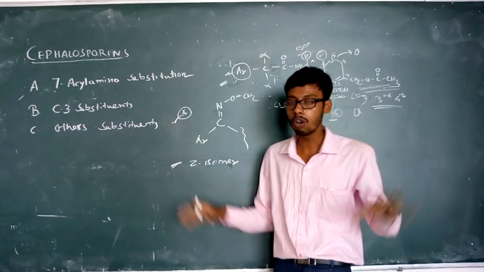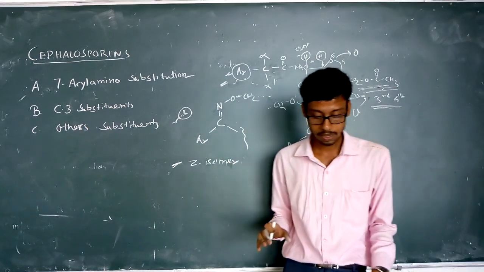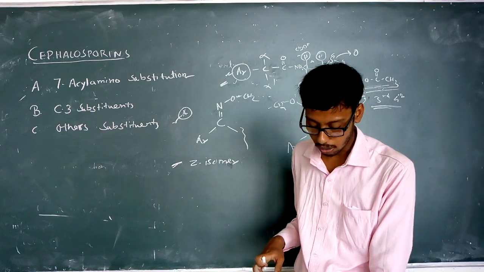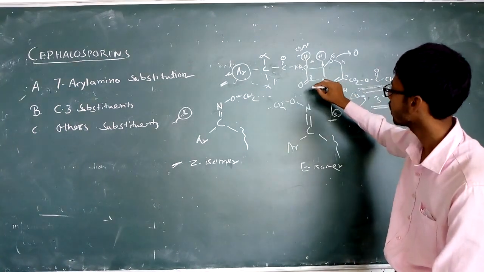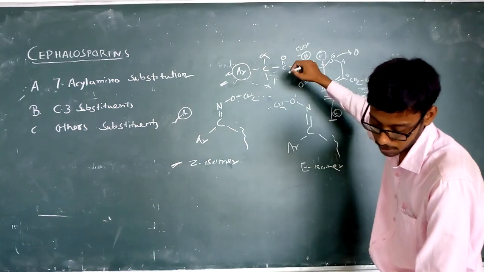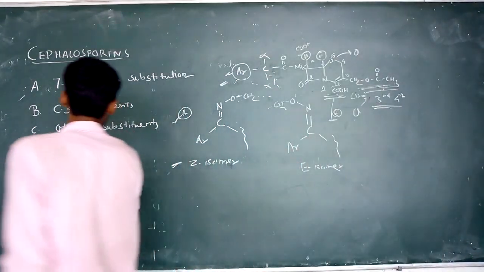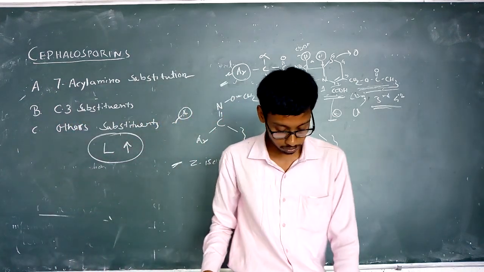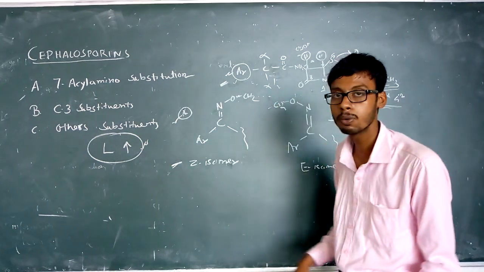So from all of this SAR, we can consider as beta lactamase resistant the L isomer of an alpha amino or alpha dot hydrogen derivative of cephalosporin. The L isomer is much more active, 20 to 40 fold more stable.